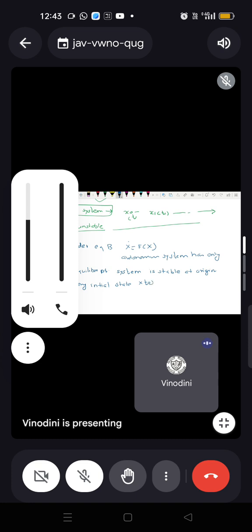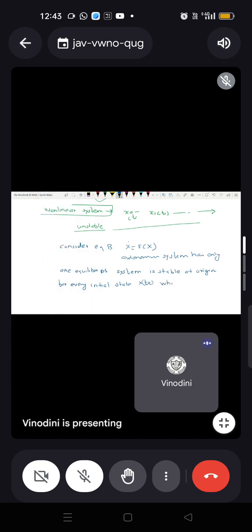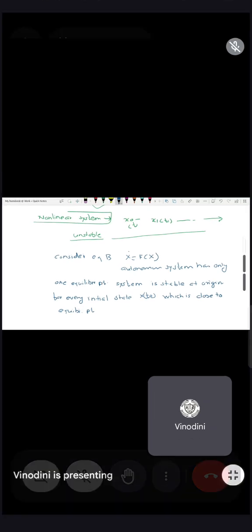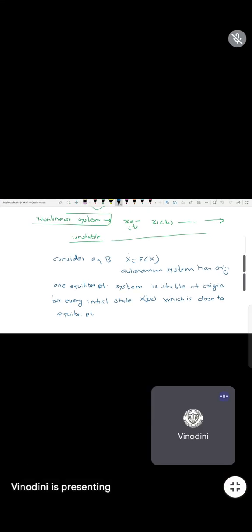x(t0) which is close to the equilibrium point, and ultimately the last state, suppose the last state is x(t), also remains close to the equilibrium point.